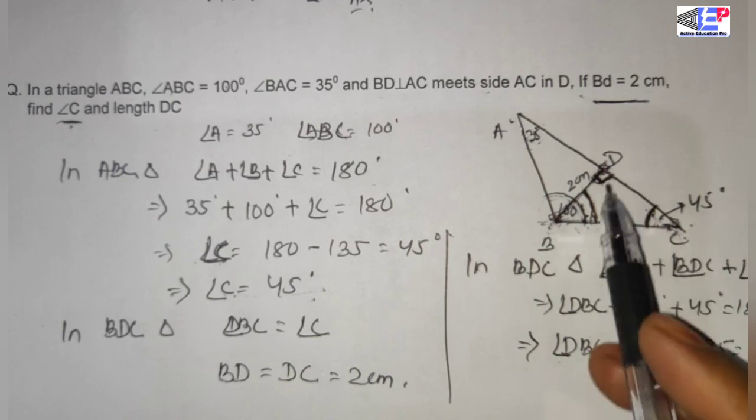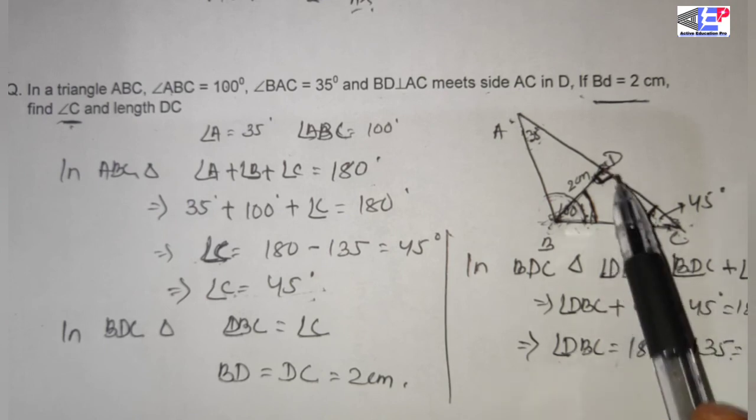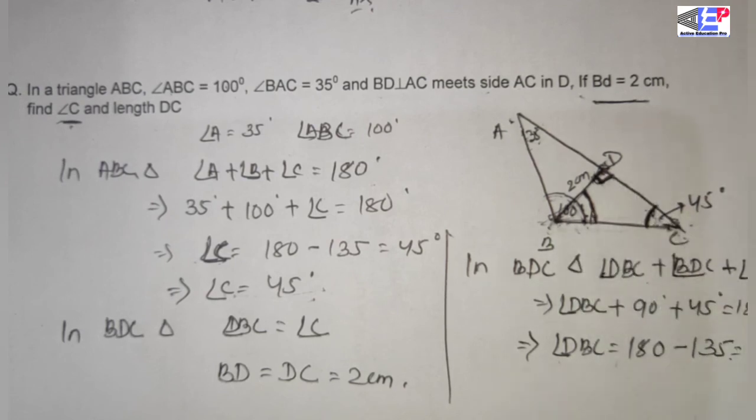So angle B and angle C are the same, and BDC is an isosceles right angle triangle. So BD is equal to DC, and the length of BD and DC is 2 centimeter.